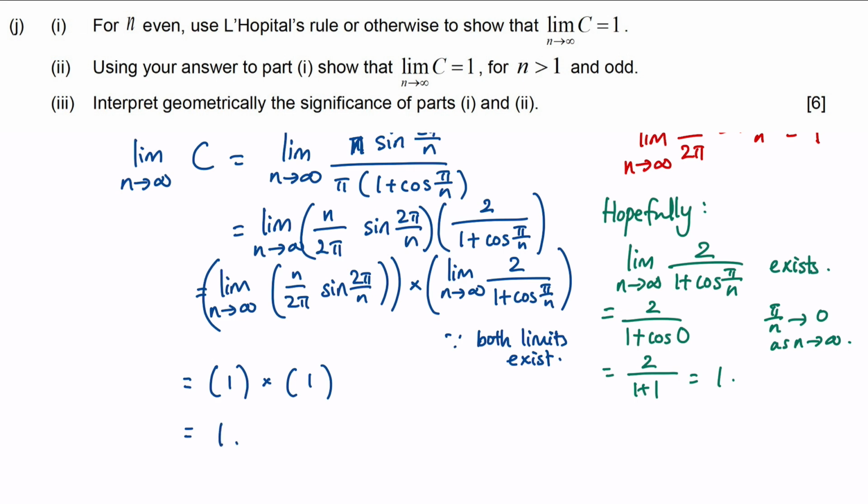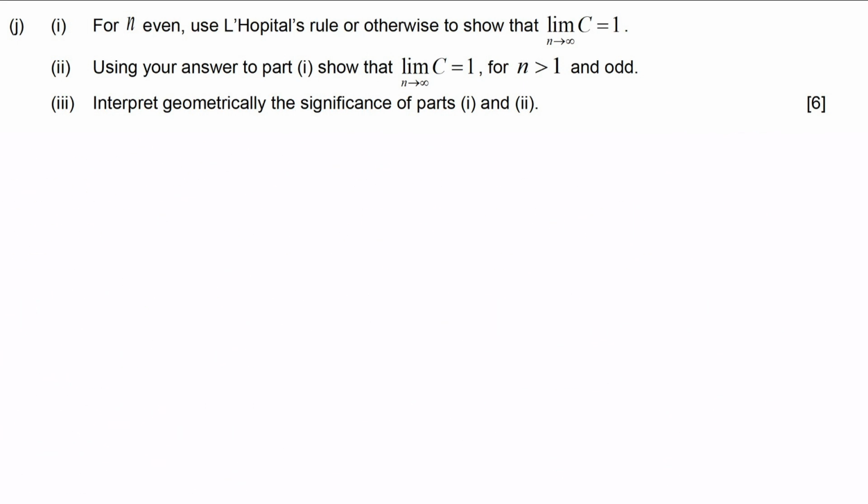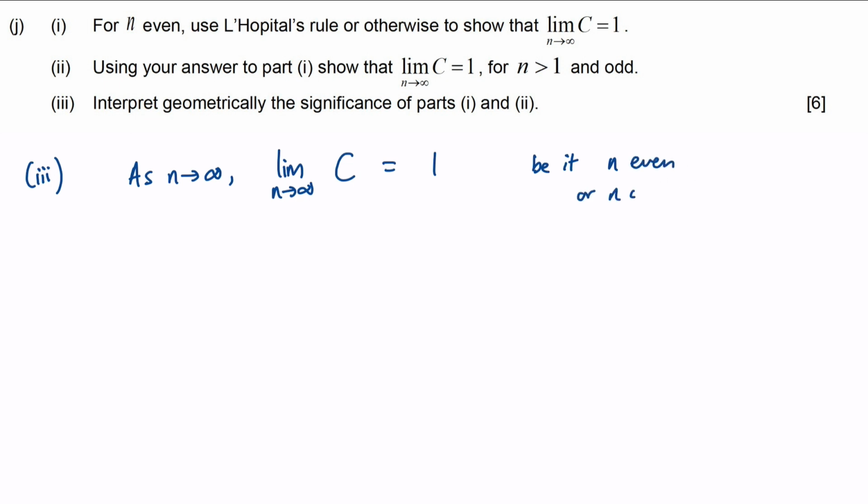Part 3. Interpret geometrically the significance of parts 1 and 2. As n tends to infinity, we know that in either case, the limit of the compactness is always 1, be it n even or n odd.